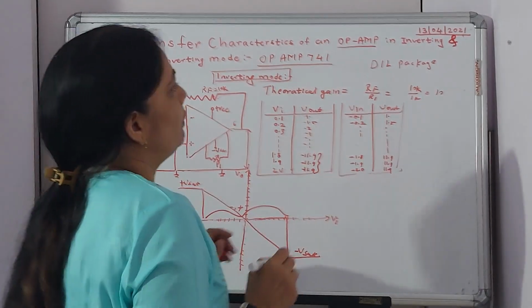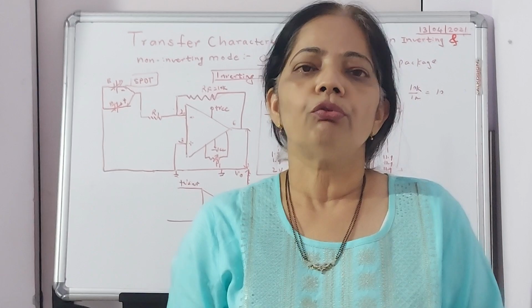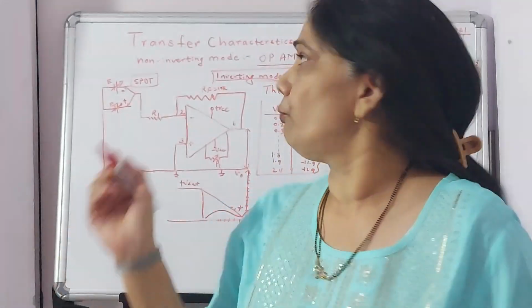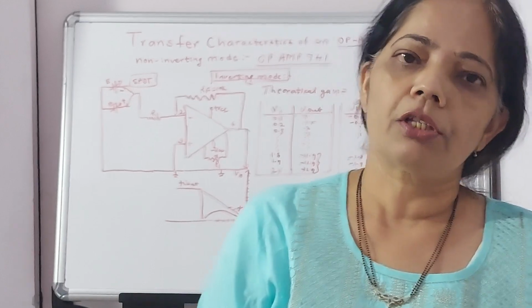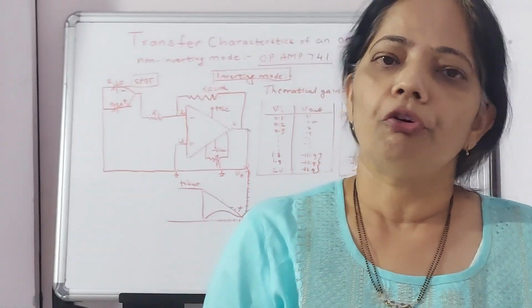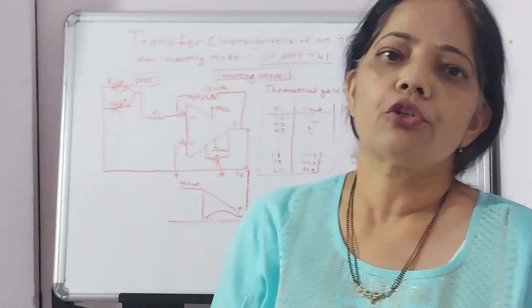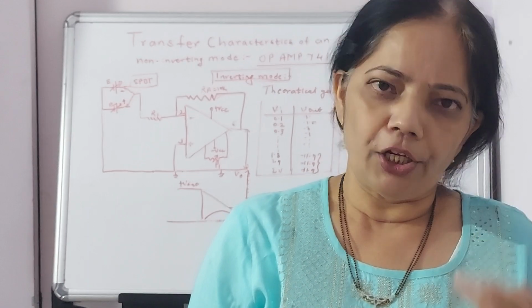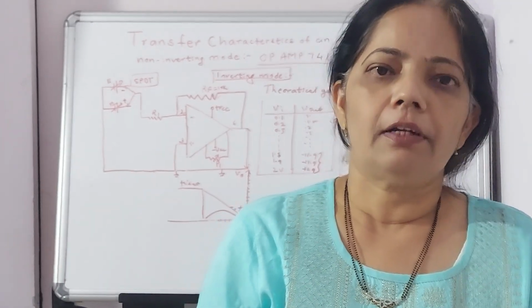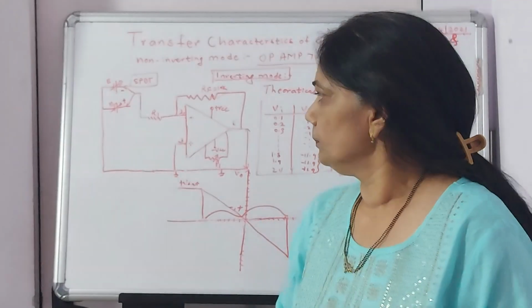So this is a very, very important practical for knowing how to draw a transfer characteristic for an operational amplifier, which is IC741, commercially used for many applications. As the name operational amplifier suggests, it is used for doing all the mathematical operations starting from addition, subtraction, multiplication, division, integration, differentiation, and so on and so forth.